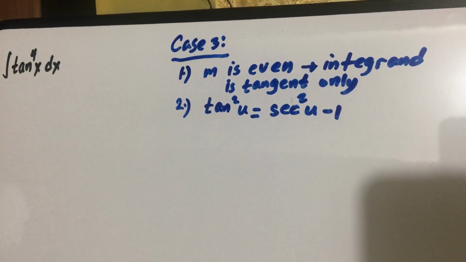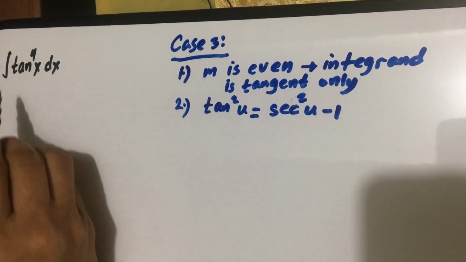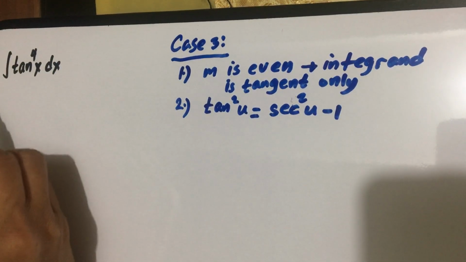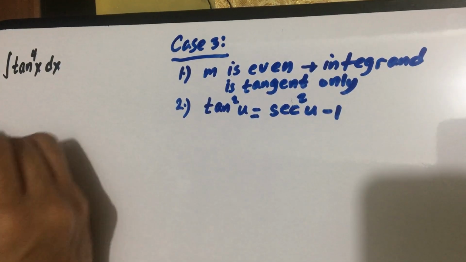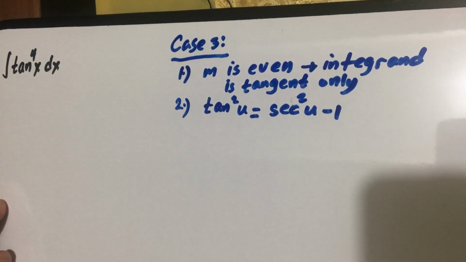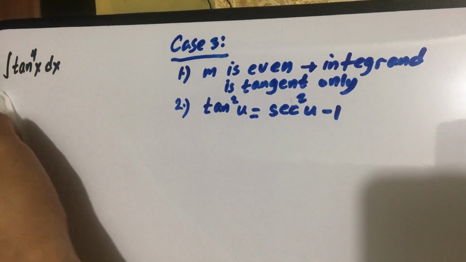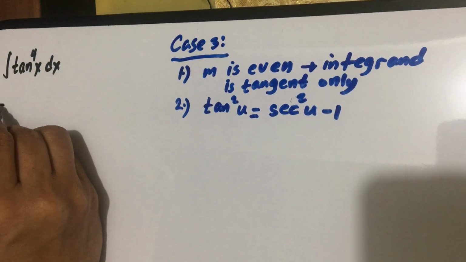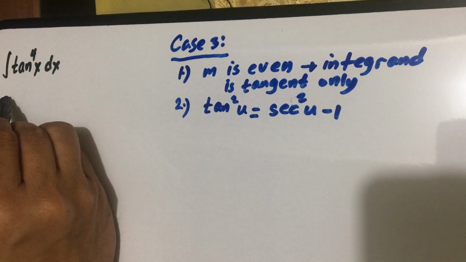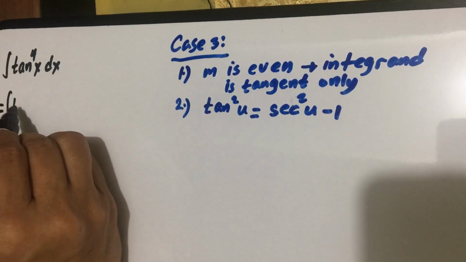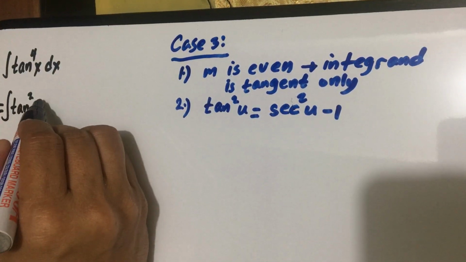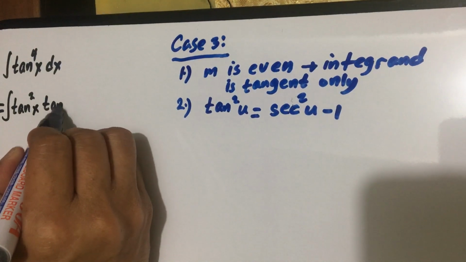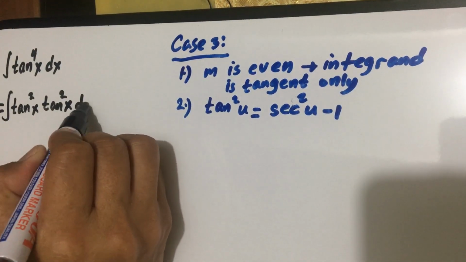So what we're going to do now is break this integrand into two parts so that we can produce tangent squared. We can rewrite this as the integral of tangent squared x multiplied by tangent squared x dx.